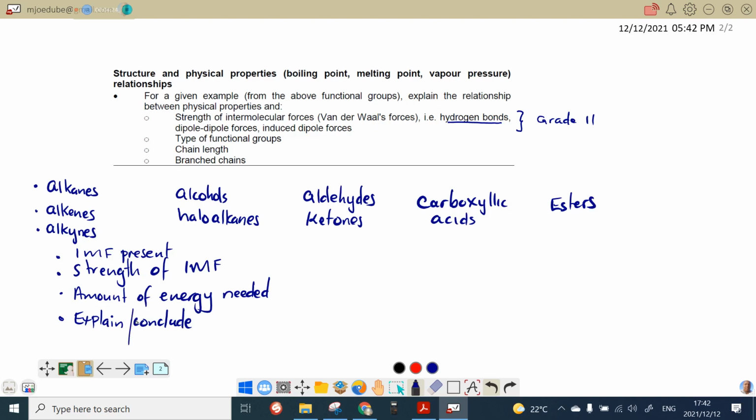So explain and conclude the physical property, meaning to tell us what the boiling point will be, which one will have the higher boiling point, lower boiling point, and why, based on the characteristics that you would have observed.